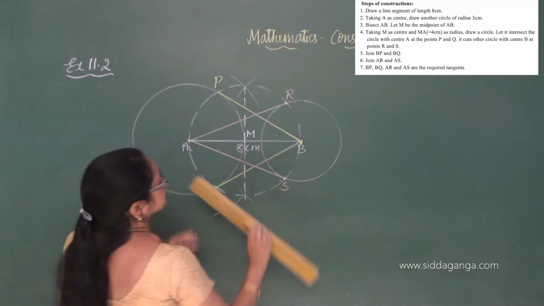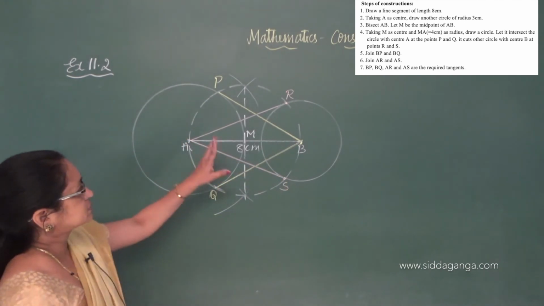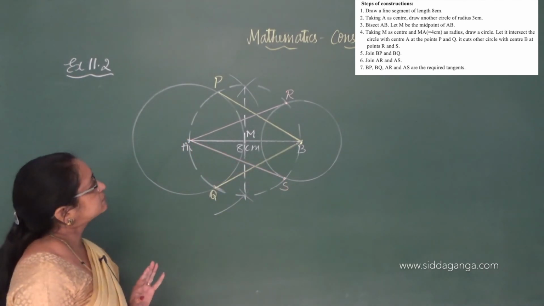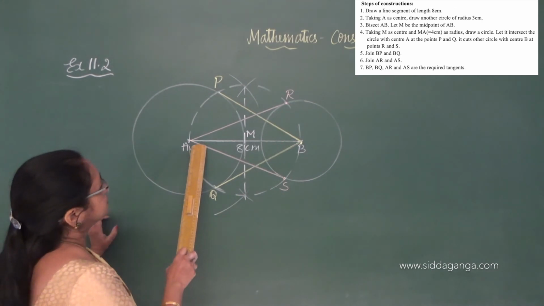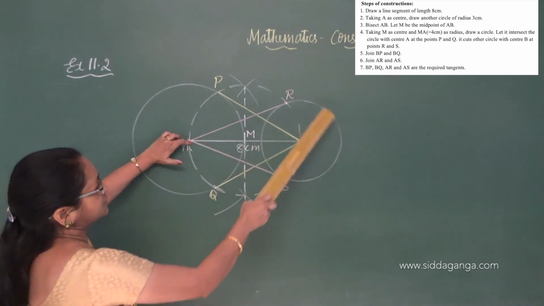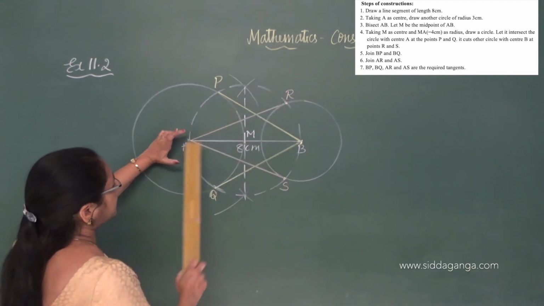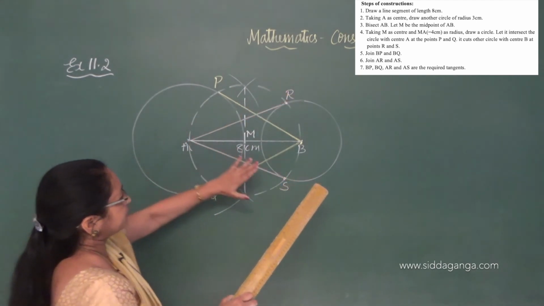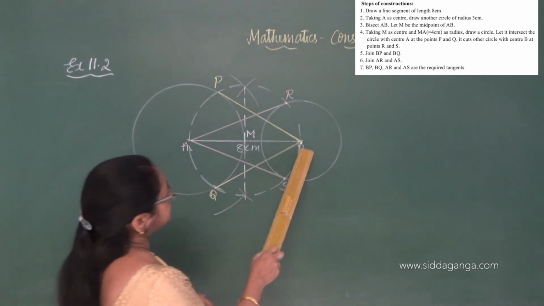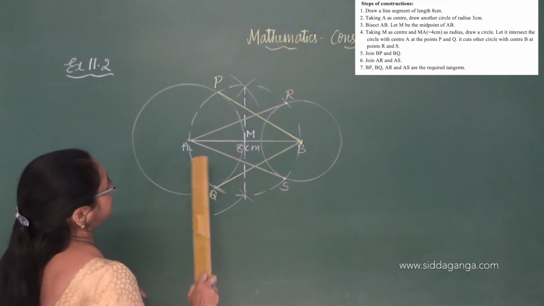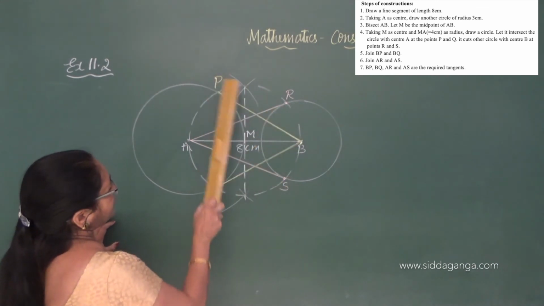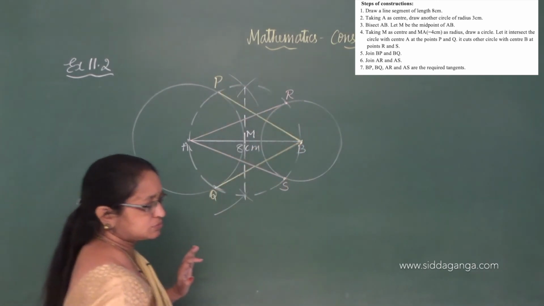I hope you understood this. Isn't it easy? From this center, this is the external point for this circle, so the two tangents drawn from this are AR and AS. Same way, this B is the external point for this circle, so BP and BQ are the two tangents.